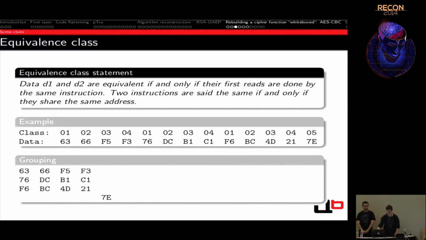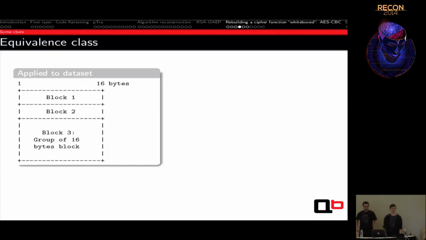Applying this algorithm to our entry gives us directly this structure, and we get three main blocks, two of 6 bytes, and the last one composed of 16 bytes.